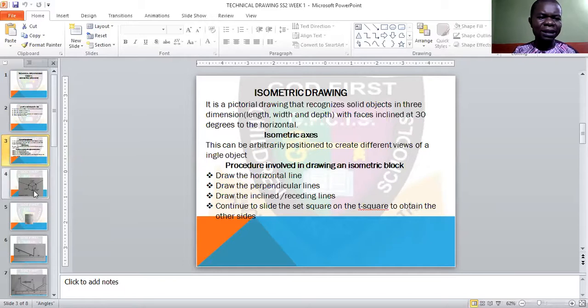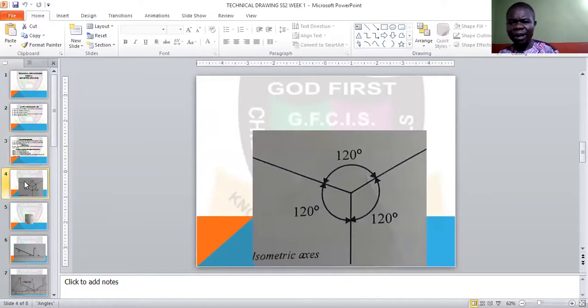Let us look at the isometric axis we are talking about. You look at this picture. This is an isometric axis. This line here is a vertical line drawn down. You know that the horizontal line comes this way.